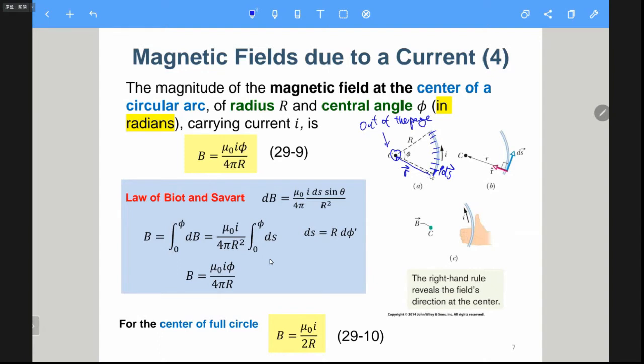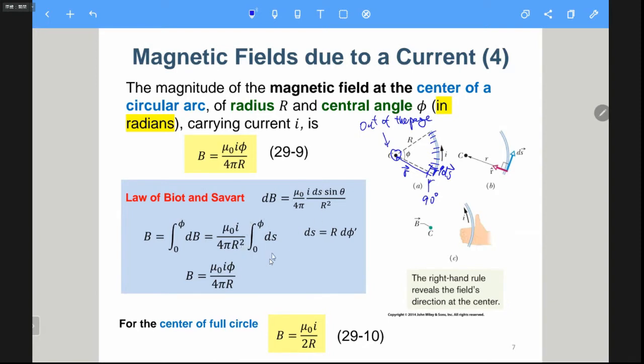And in this case, this angle is always 90 degrees, which means that sine of 90 degrees is always 1. Okay, so here, I is the constant. R squared is also constant because this is a circle or circular arc. So the distance from this arc to the center point is always capital R. So the whole term is a constant.